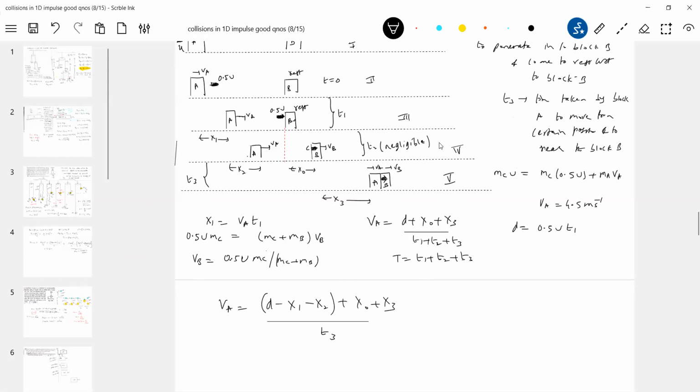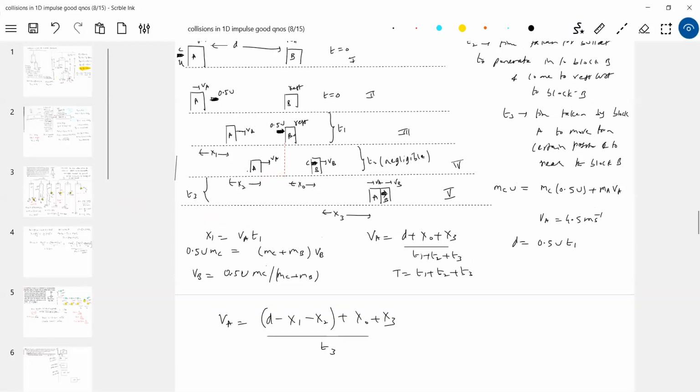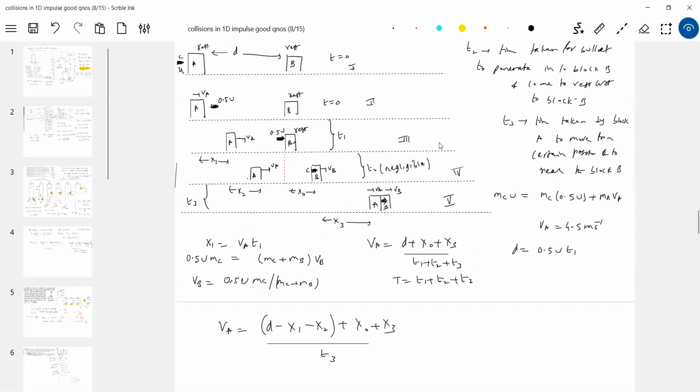How much distance will the block move? D minus x1 minus x2. In that interval of time, what happened to block B? How much will it move? X3, and we know VA and VB.